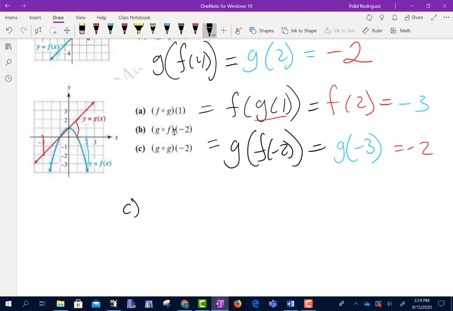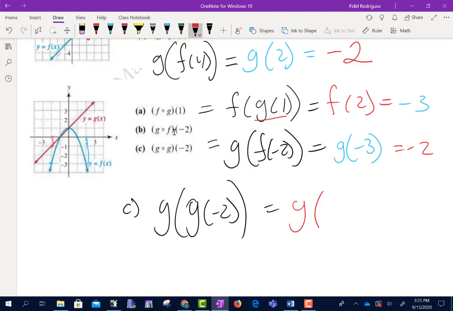And the last part C says we're going to find g of g of negative 2. So remember, g is my red function. At negative 2, it looks like my y value is negative 1. And at negative 1, my y value is 0. And that was 2.8.